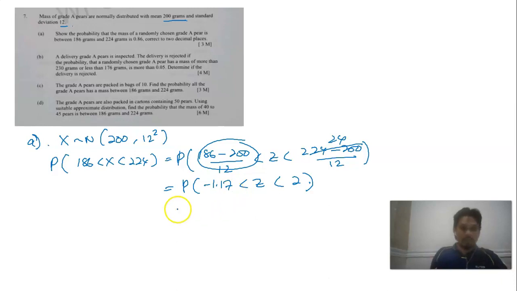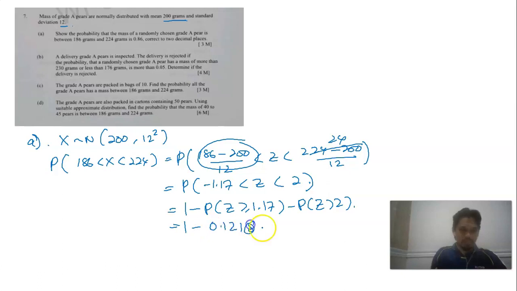So for this one now, it is 1 minus the probability of Z greater than or equal to 1.17, minus the probability of Z greater than 2. So it is 1 minus 0.1210 minus 0.0228, and this finally gives you 0.8562, or 0.86 to 2 decimal places.